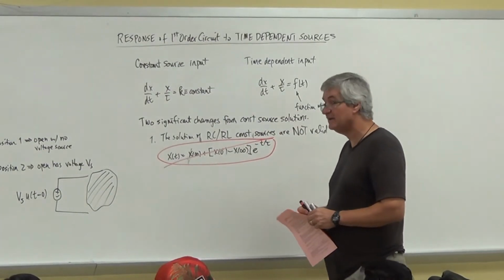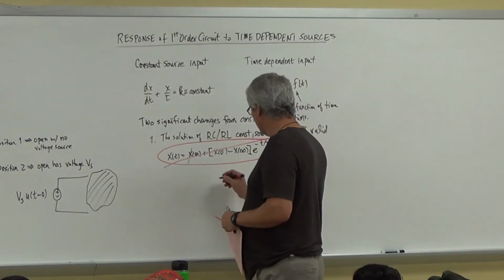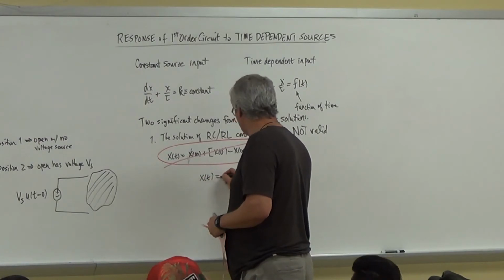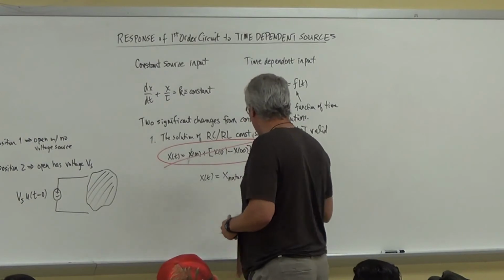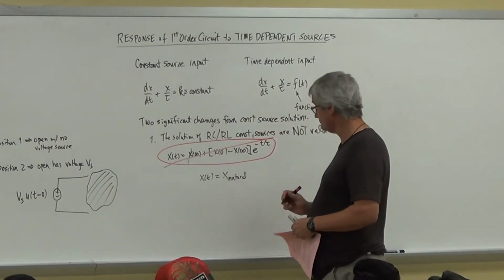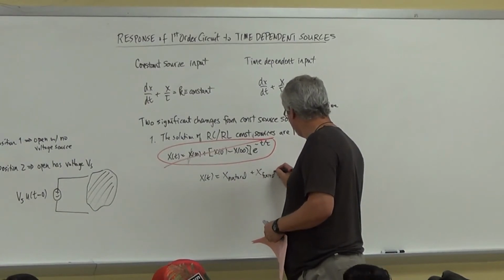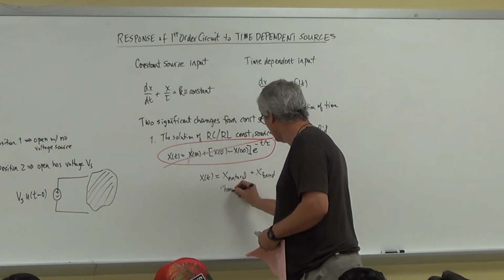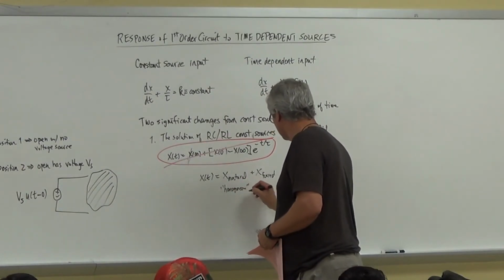And what you're going to see here is something like this. When I look at my solution for a time dependent source, you're going to have what we call a natural response. And in the language of circuits, you're going to have a forced response. So this is the homogeneous solution.